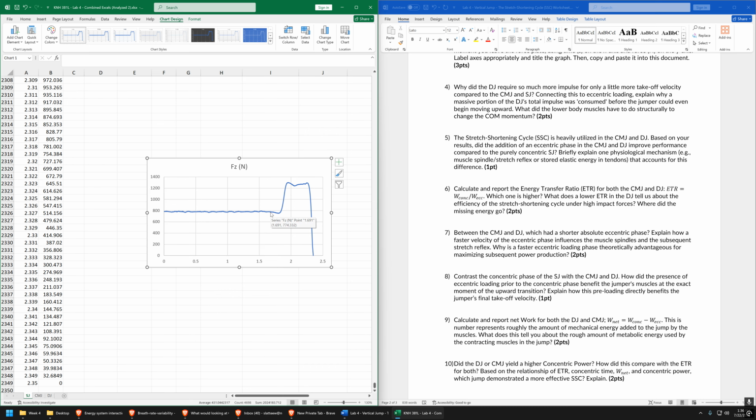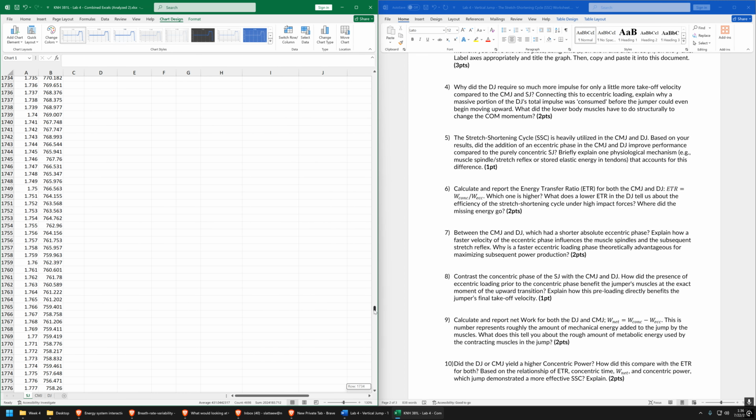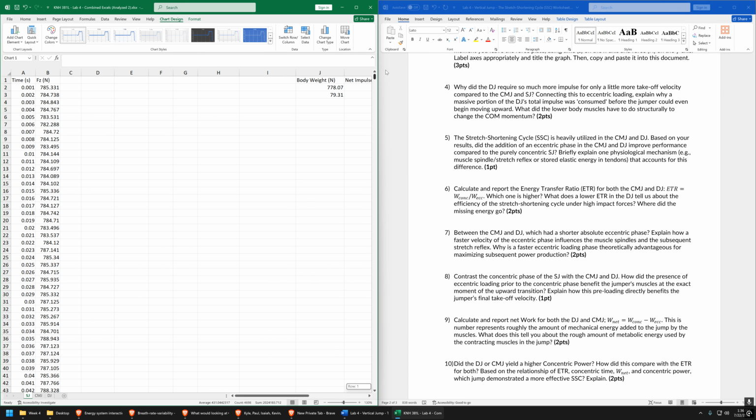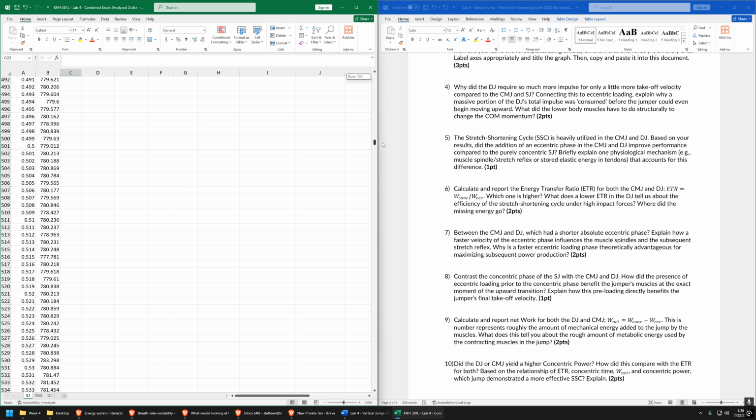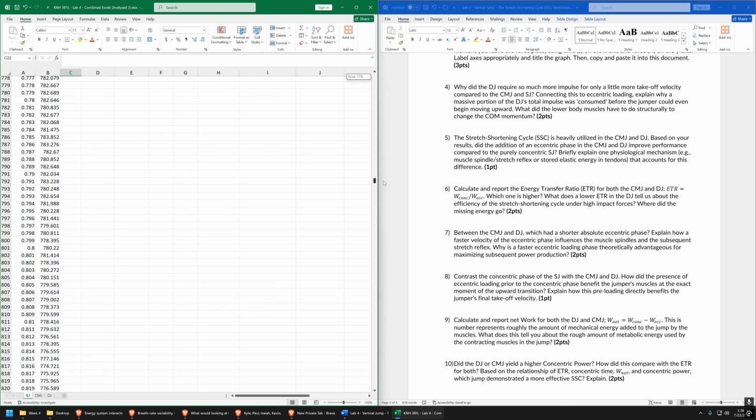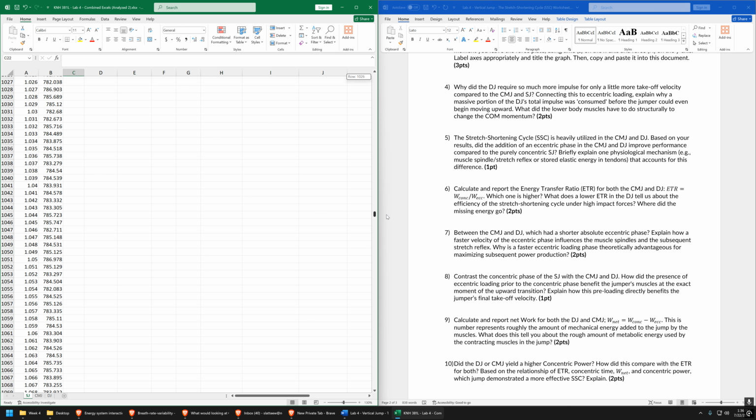So this tells me I need to start looking for the slight dip at about 1.6, 1.7, somewhere around there time-wise. So I'm going to go to there, 1.6, 1.7, and look for where it starts going below 778. Where it falls below 778.